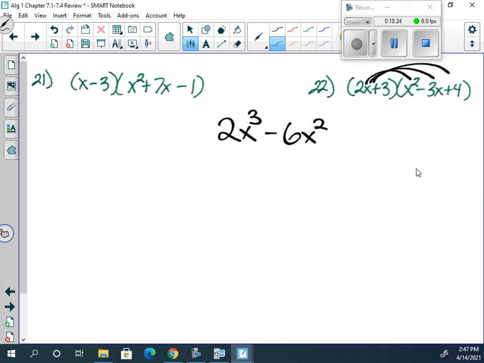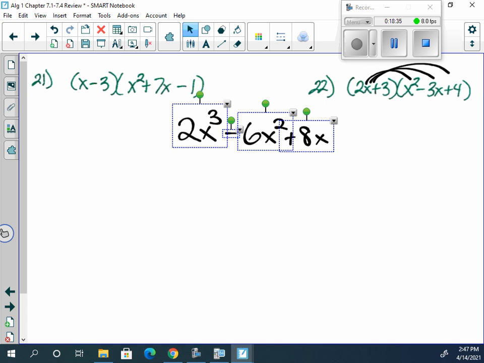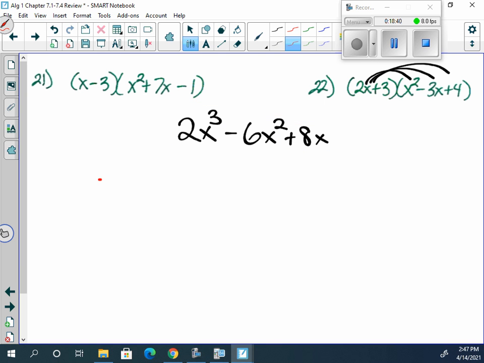And lastly, 2x times 4 would be plus 8x. Any questions on this so far?